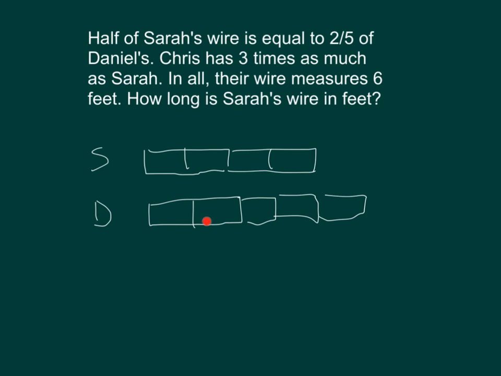So we have 2/5 of Daniel's equaling half of Sarah's. So half of Sarah's right there is equal to 2/5 of Daniel's. Then we also have Chris, which is 3 times as much as Sarah.